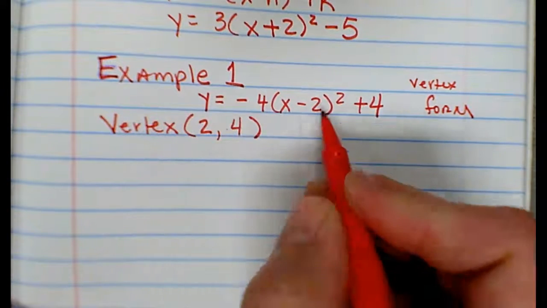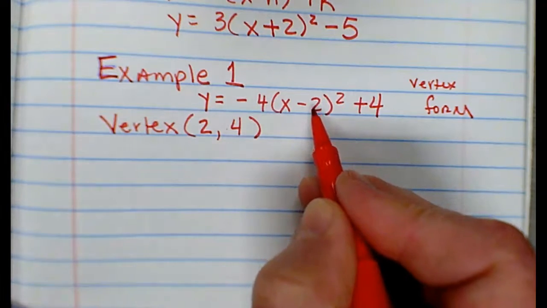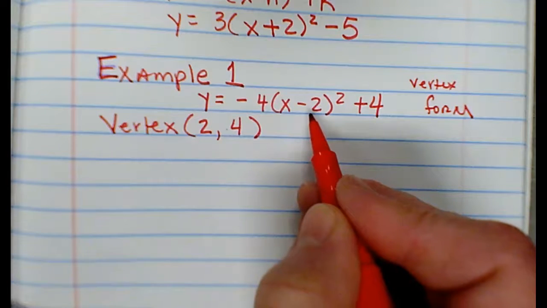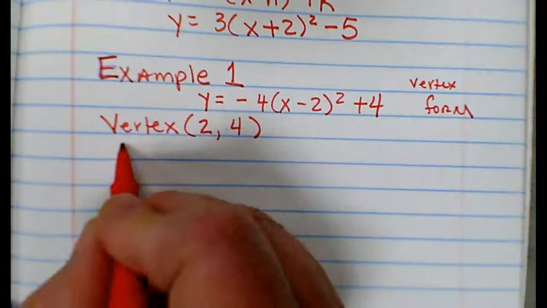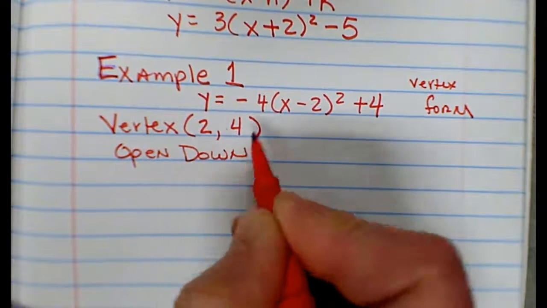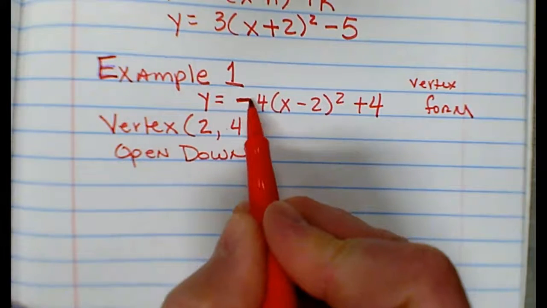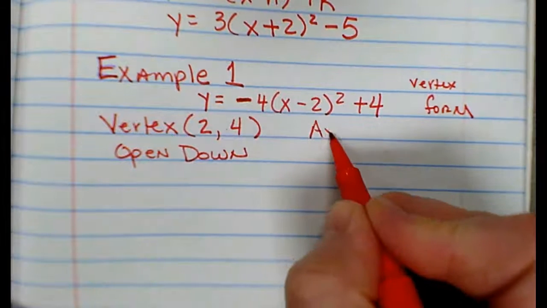Positive 2 and 4, because this one will change sign because of the negative in the vertex formula. Can you tell me when I graph this, is it going to open up or open down? How do you know? This starts with a negative, so that means it's going to be opening down.